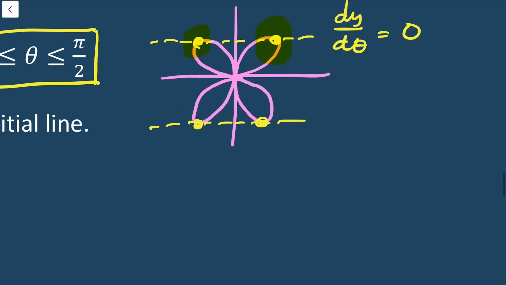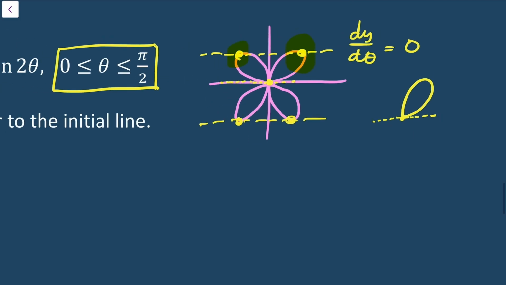But at that point, it actually intersects there. Maybe you can argue that it does if we just focus on the loop. We do have a point of contact.